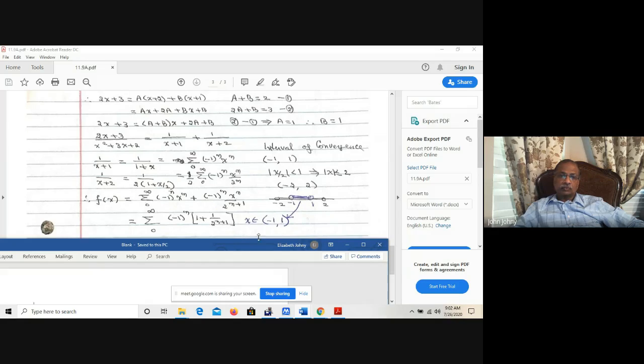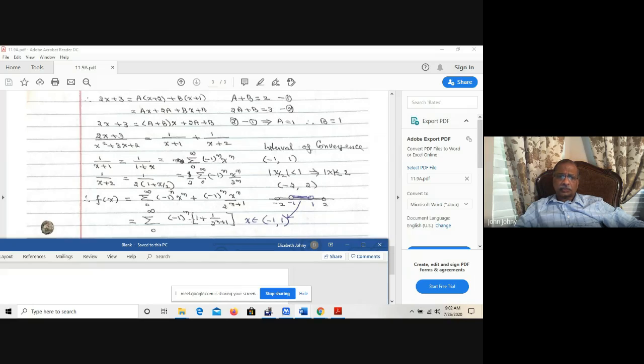So negative 1 to 1 is the interval of convergence, and here I have written it as a single summation. You may leave it in this line or this line. So here, sigma n varies from 0 to infinity, negative 1 to the power of n is common, x to the n is common.